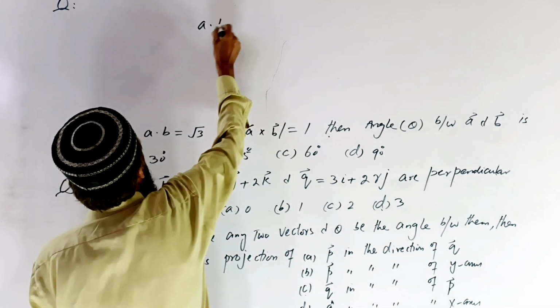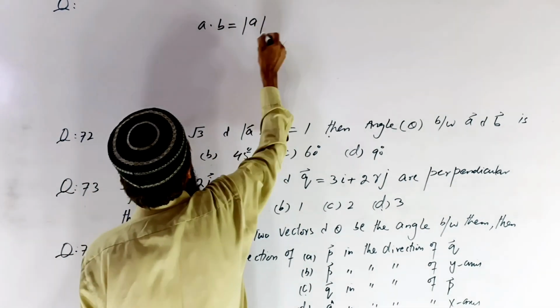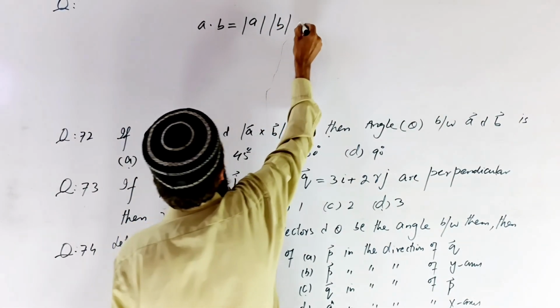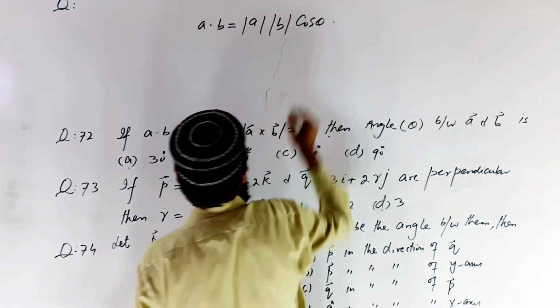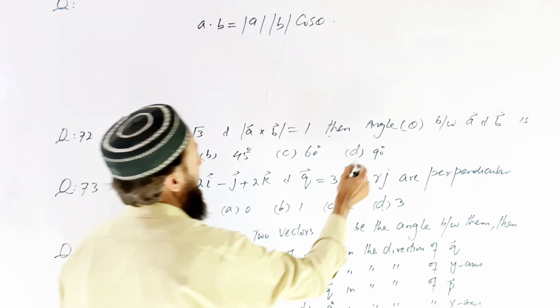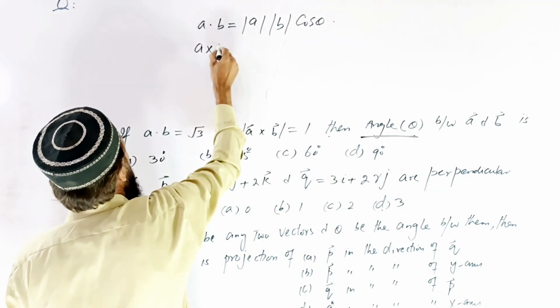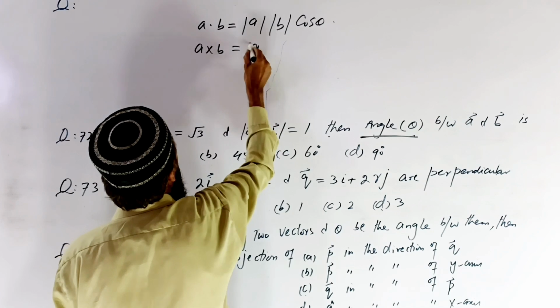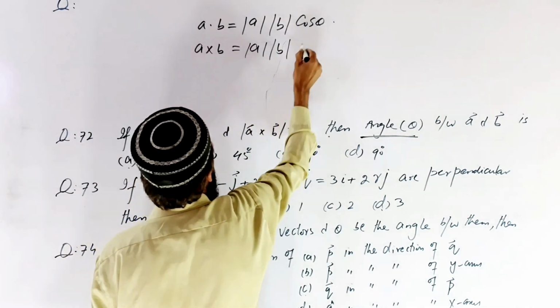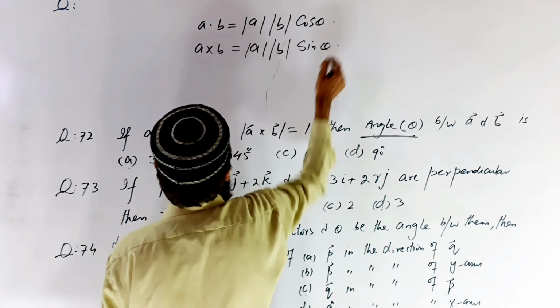A dot B is equal to magnitude A, magnitude B, cos theta. We are finding theta, and similarly A cross B is equal to magnitude A, magnitude B, sine theta.